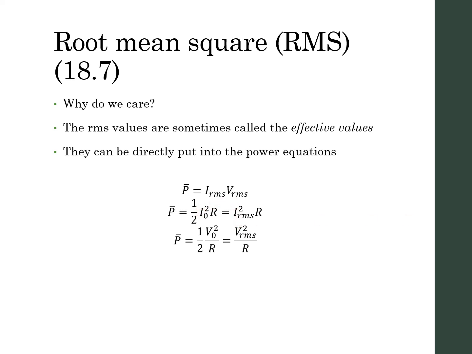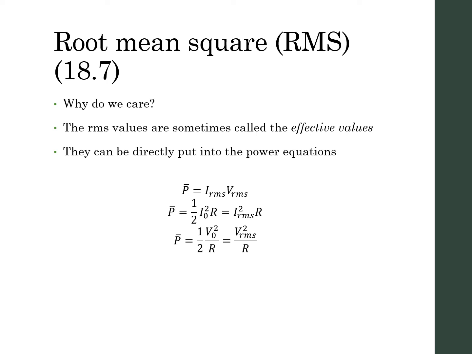The effective value just makes it so I can use the equations as they were originally given. It's going to make our lives a little bit simpler, especially since questions will be giving us effective values in situations.